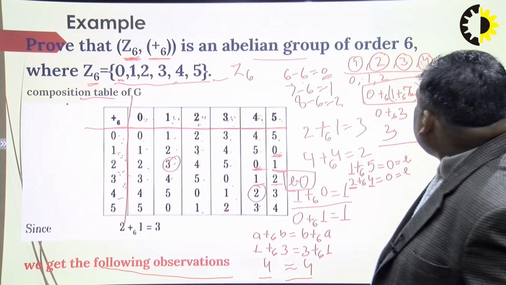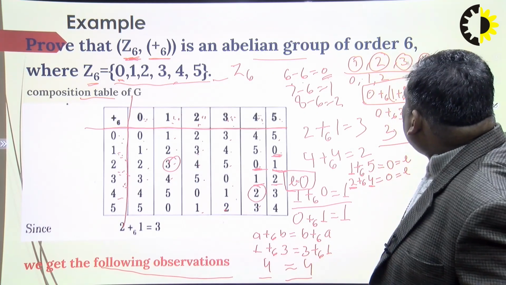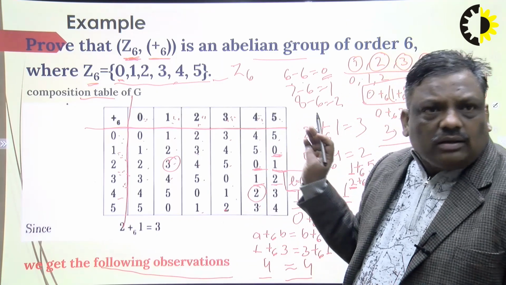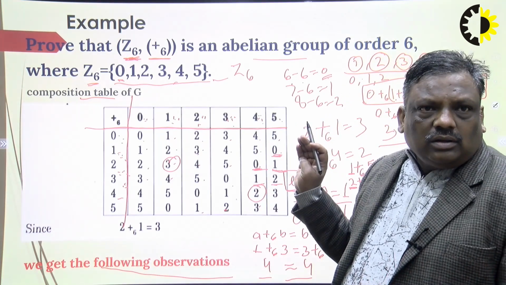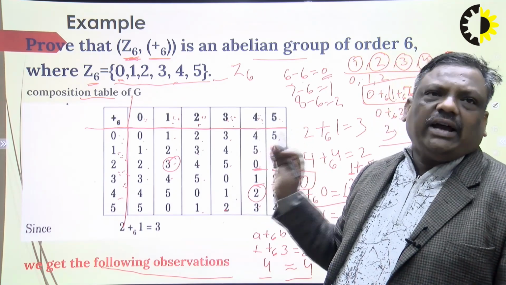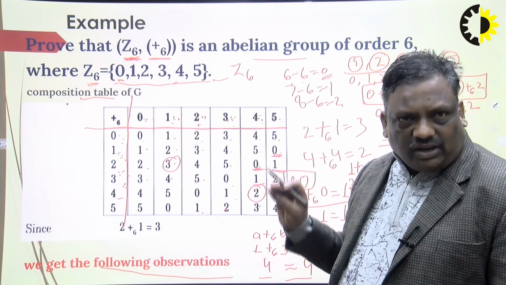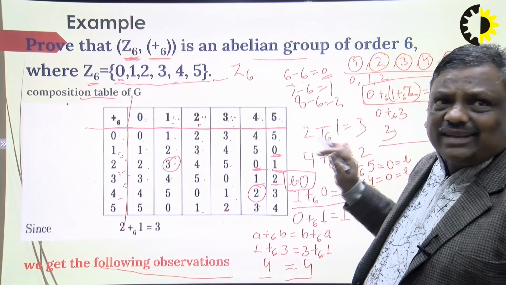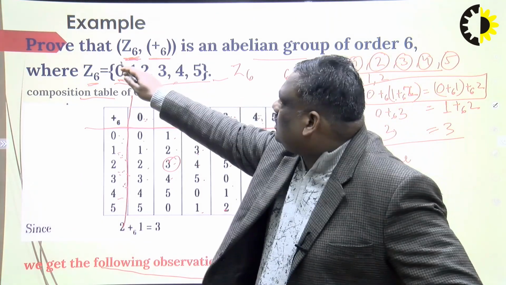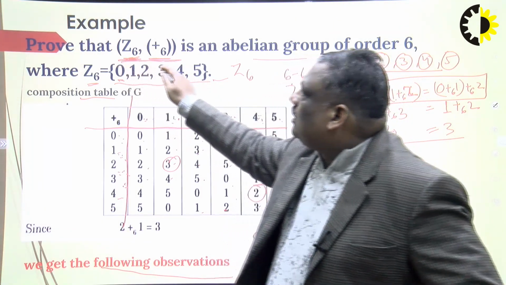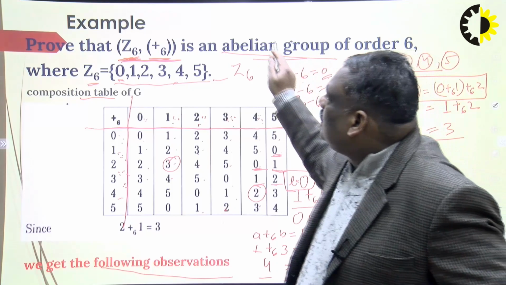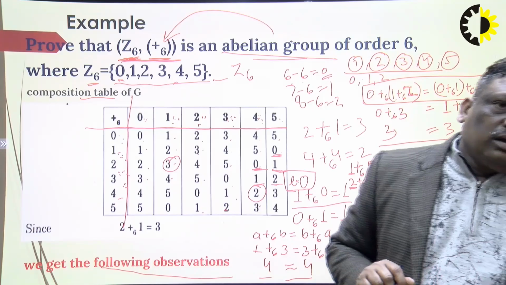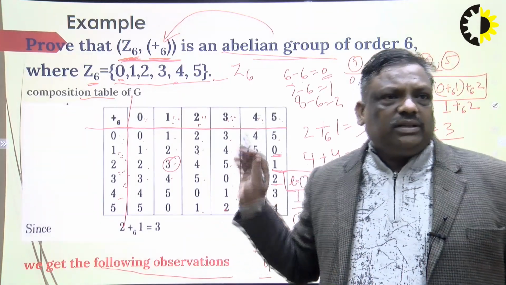Then we have satisfied the 5 properties: closure, associative, existence of identity element, existence of inverse, and commutative law. Therefore, we can say that Z6 is an abelian group with respect to addition modulo 6. So I think you can understand better with this example.